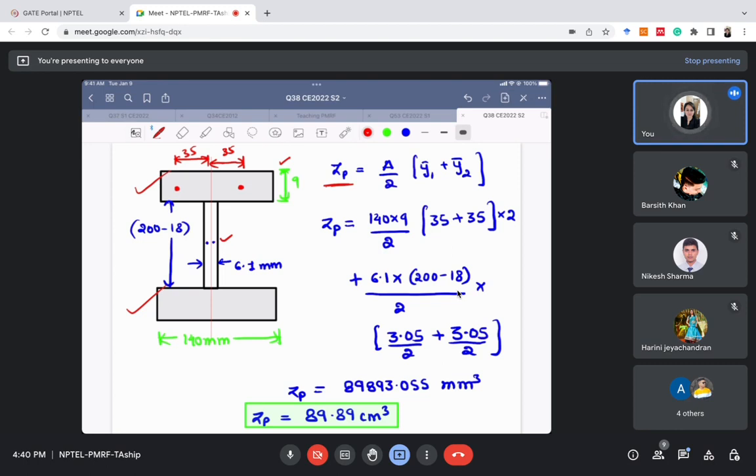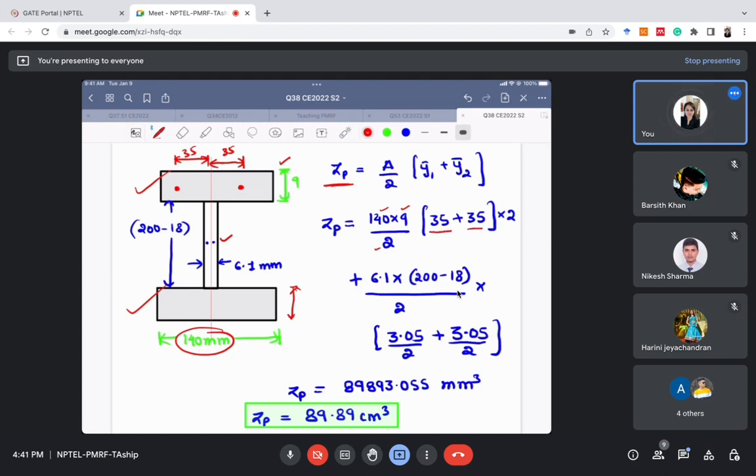So for these two rectangles, what is the area of one rectangle? The total length is 140 mm and width is 9 mm, right? So area is 140 multiplied by 9, divided by 2, so A by 2, multiplied by y1 bar plus y2 bar.